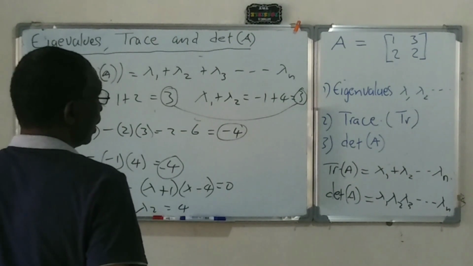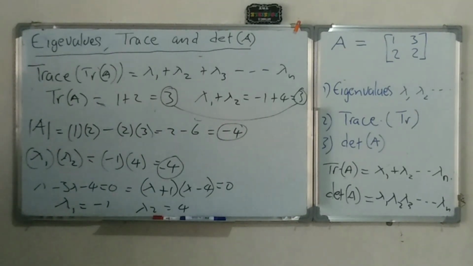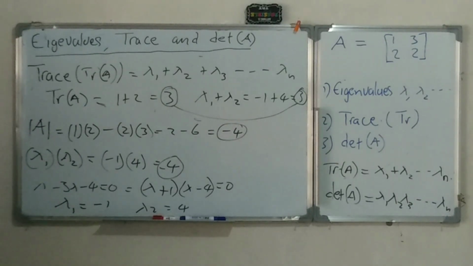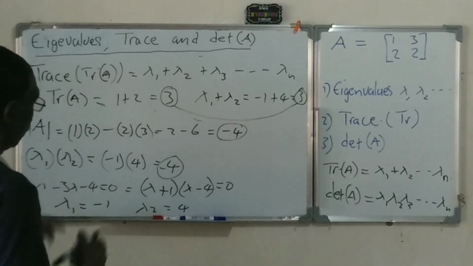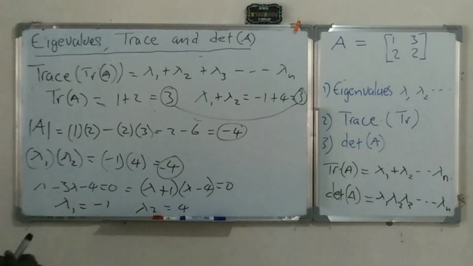In other words, our eigenvalues here are minus 1 and 4, and their product also happens to be the determinant of the matrix. These relationships can be used to simplify laborious calculations for the eigenvalues, which can be quite complicated when you are dealing with a 3 by 3 and above matrix. So you can rope in one of them or both of them to ease your calculations.